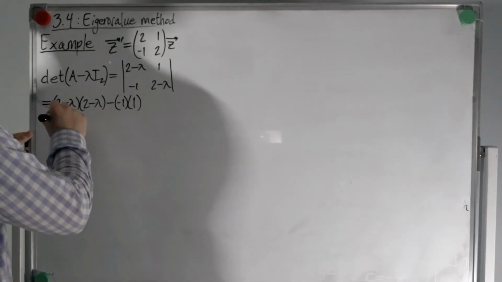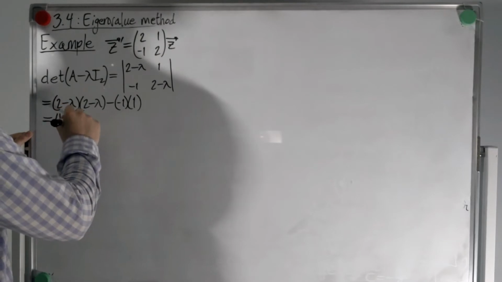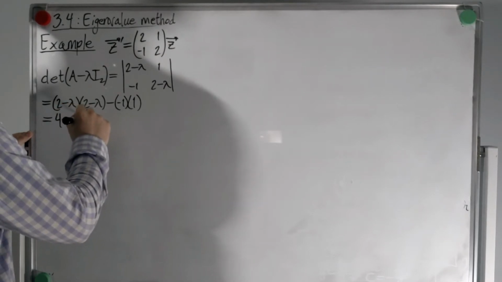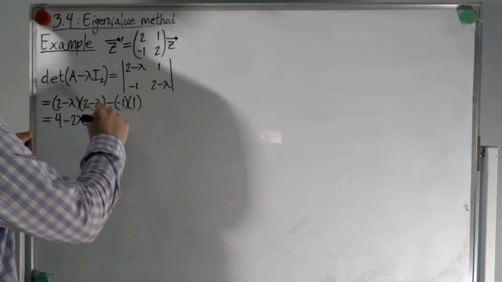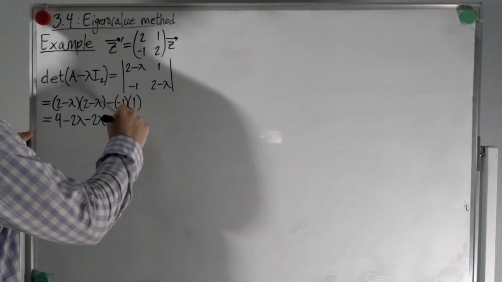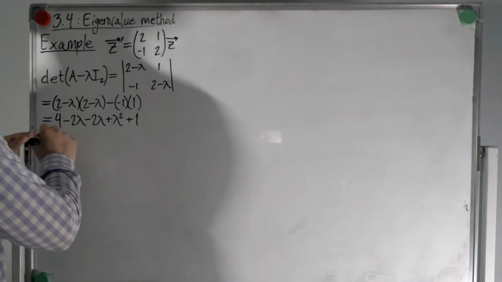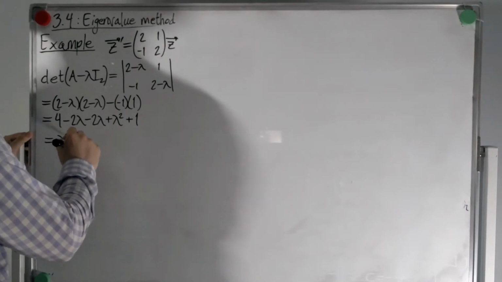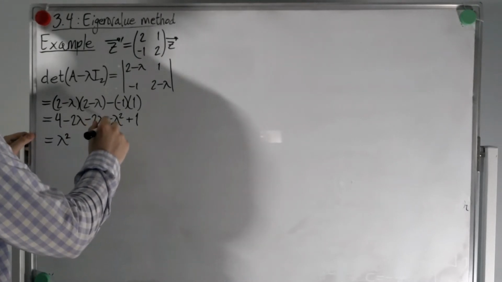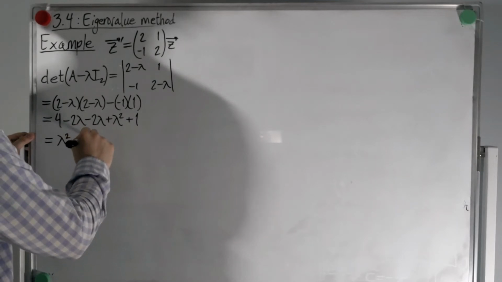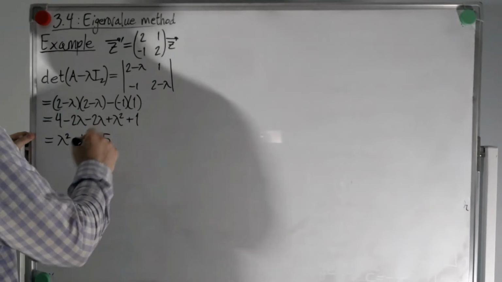This becomes 4 minus 2 lambda minus 2 lambda plus lambda squared plus 1. In other words, lambda squared minus 4 lambda plus 5.